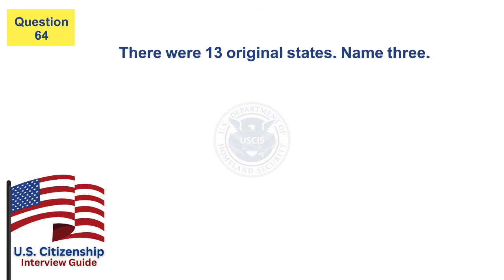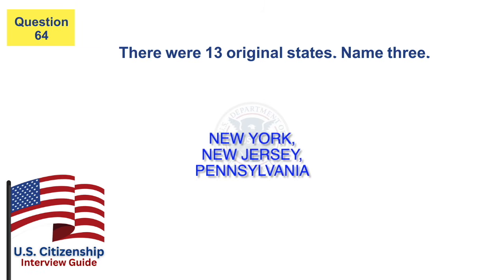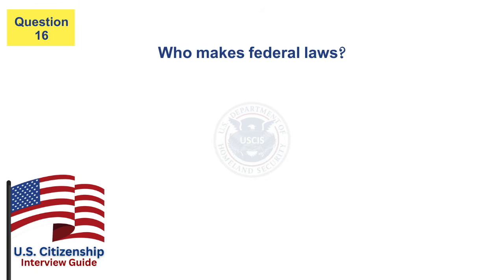There were 13 original states. Name 3. New York, New Jersey, and Pennsylvania. Who makes federal laws?